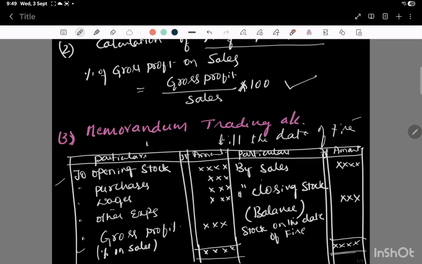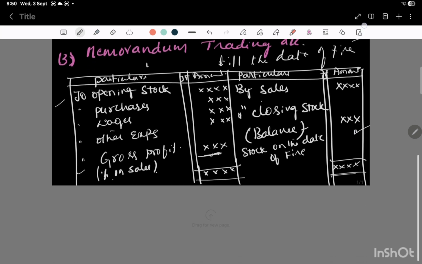And this is the percentage on sales, maybe 20% or 25%, that you derive and consider. You calculate 20% on sales yourself. First you write the gross profit, and the balance you get becomes the closing stock, the stock that was there at the time of the fire accident.